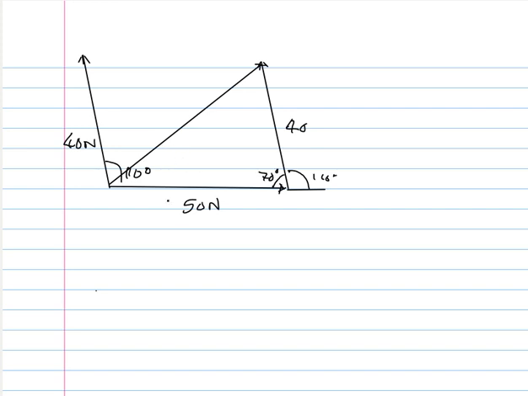Now, knowing that, we can invoke the cosine rule, which says, if we call that resultant r, r squared is going to be equal to 50 squared plus 40 squared minus 2 times 40 times 50 times the cosine of 70 degrees.